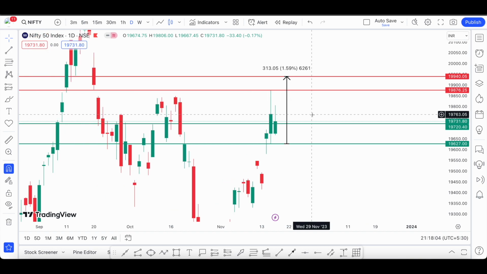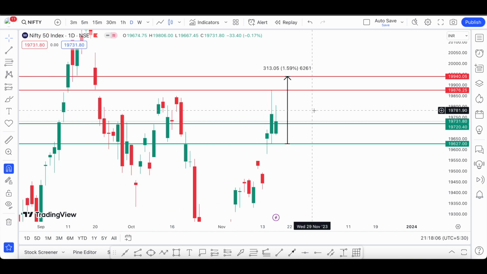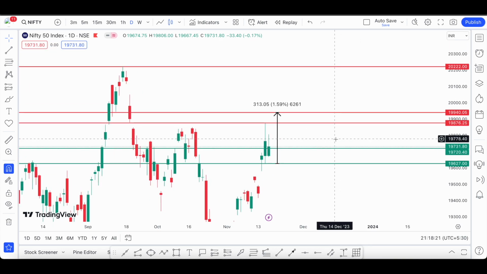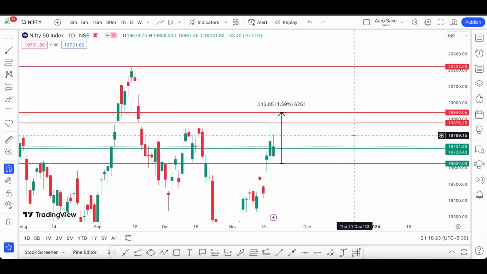So what is my expectation for the coming week, or the coming few sessions, and how I am going to plan my personal trades, I am going to discuss here. If you see, I have pointed some labels here. I have plotted red color as well as green color levels.